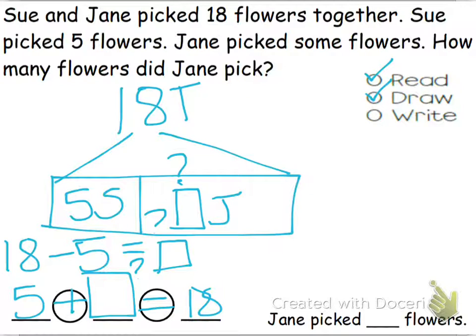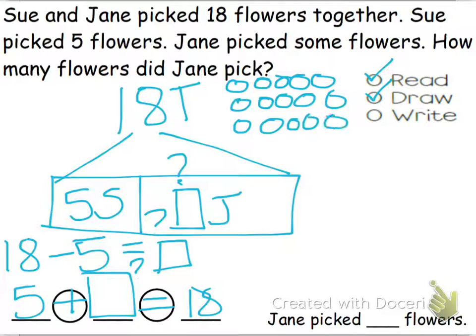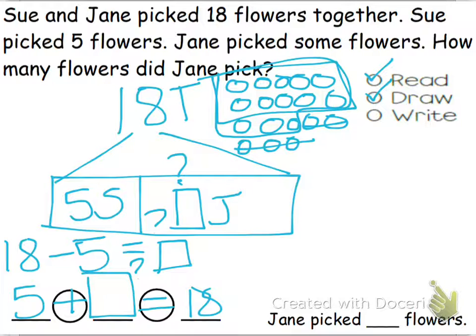You can draw 18 circles if you like, or you can do the quick 10 to 1, whichever one you want to do. I will do it this way, just to where you can just see it. I'm boxing my 10. I'm taking away 5. And this is how many is left.